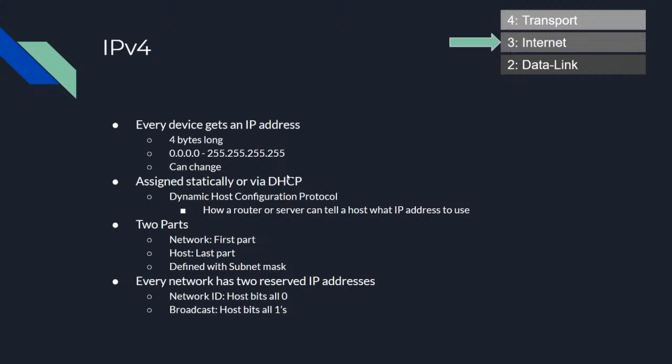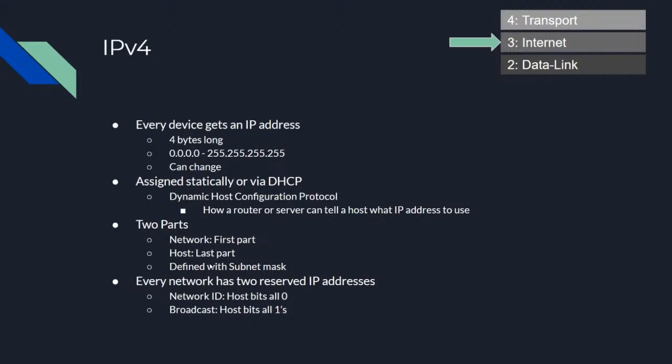Also, every IP address has 2 parts. There's the network part, which is the first part, of course, and then the host, which is the second part of the IP address. Where that separation occurs might be different for every IP address.